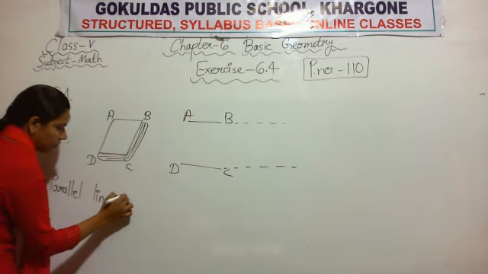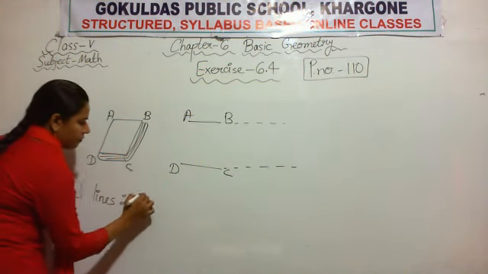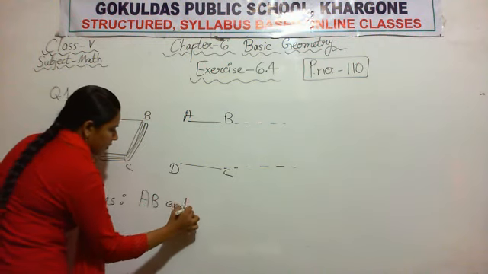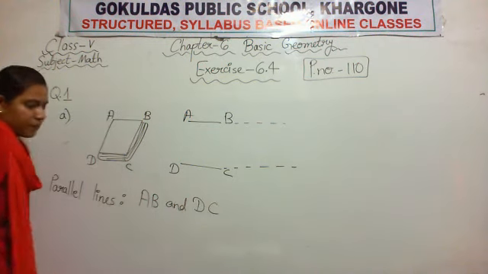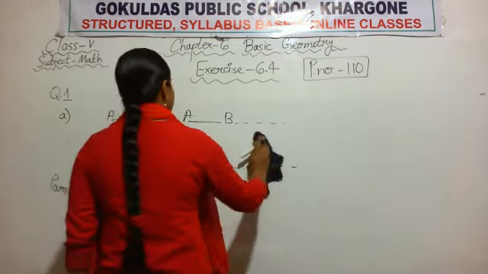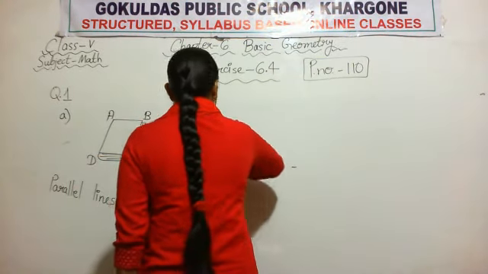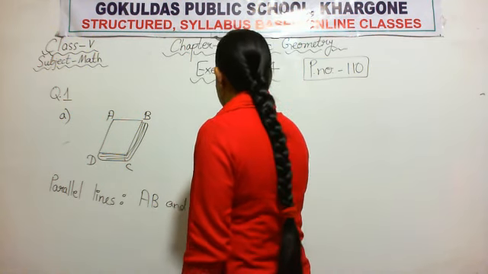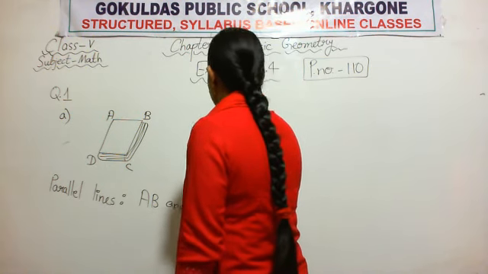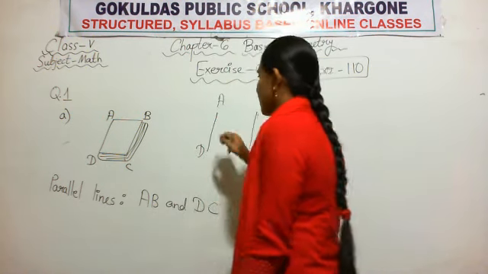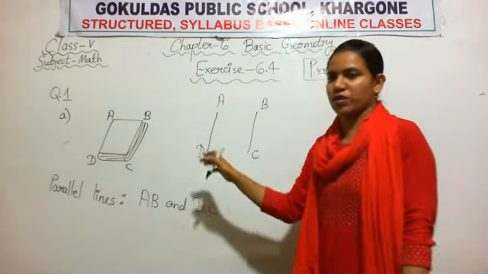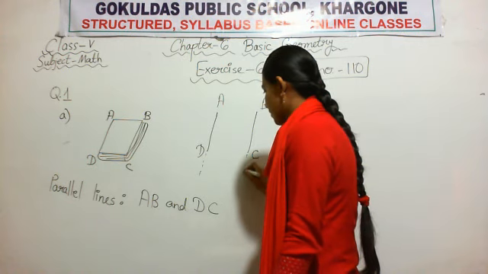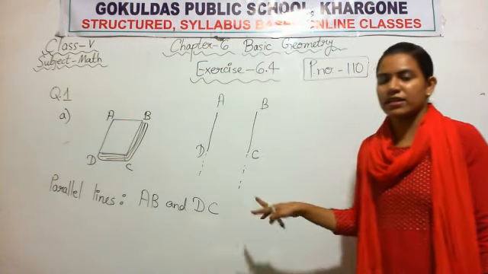So parallel lines AB and DC. If I observe the other two lines, that is AD and BC, and extend them further, are they crossing each other?